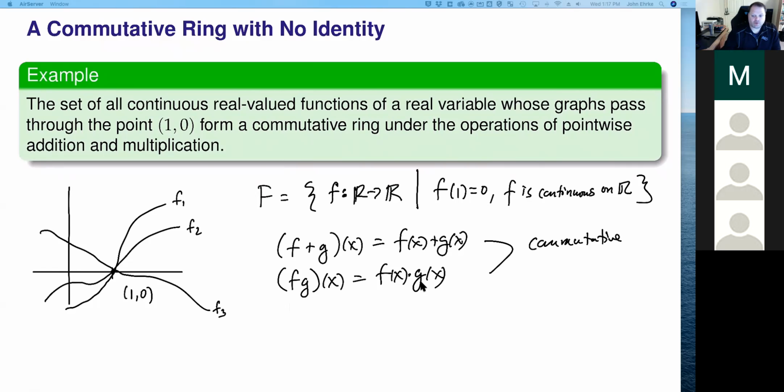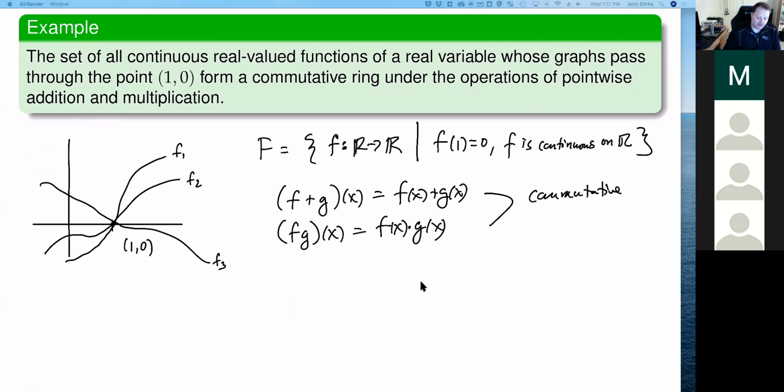Associativity is not difficult to prove. You could write that down and make that argument pretty easily. But I want you to be really careful here and think about identity. What is the multiplicative identity of F?